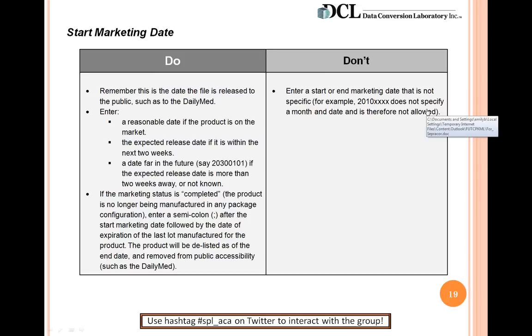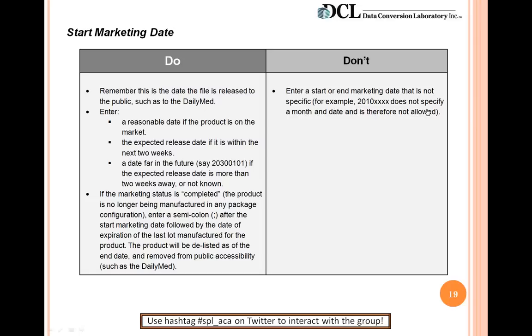Just as an aside, the Daily Med doesn't ever fully remove something. They have archives, and if something is taken off of the regular Daily Med section where you can look for things, it'll go into archives. And if you go into archives, there's a separate search method for that. And if you know what the product name is, you can still see the last listing for that.